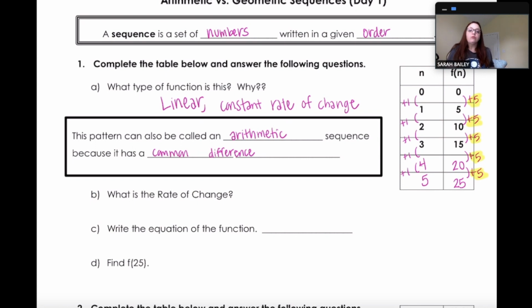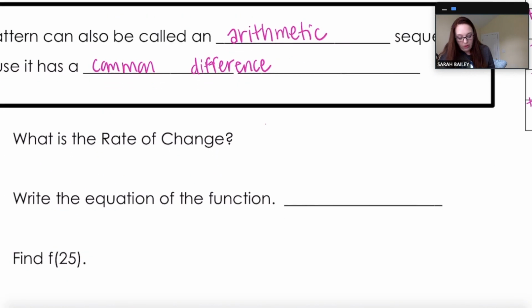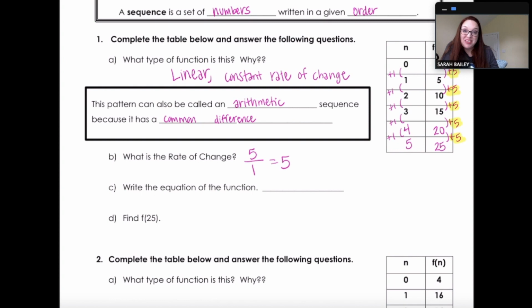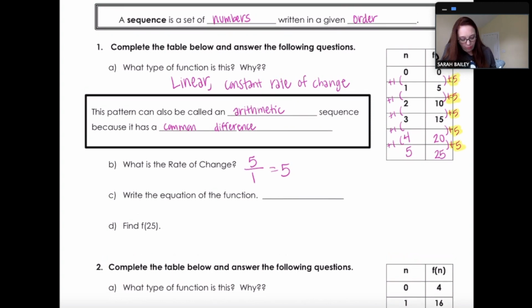All right, what is the rate of change in this? Well, the rate of change is going to be 5 over 1 or 5, which is the same as your common difference. Part C says to write the equation of that function. Since it's linear, we're going to write it in slope-intercept form. We know our rate of change or slope is 5.